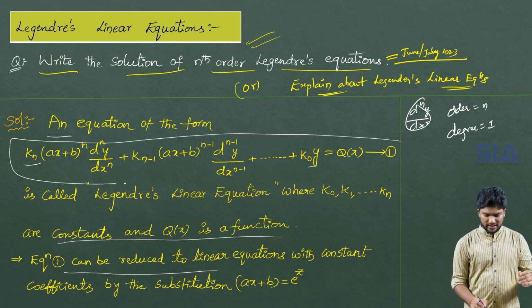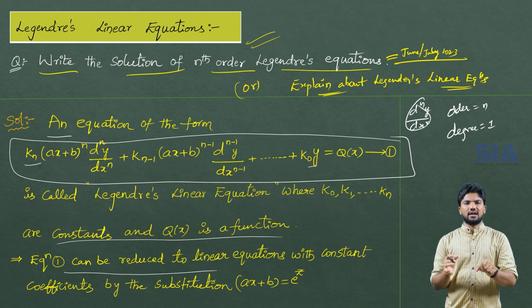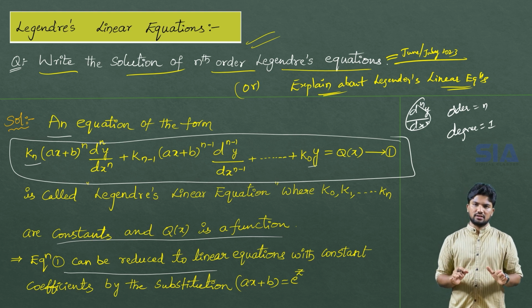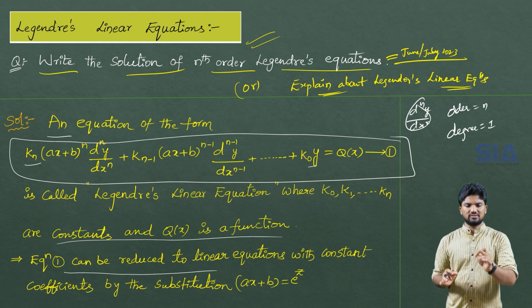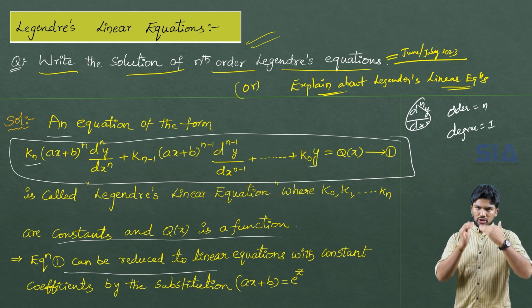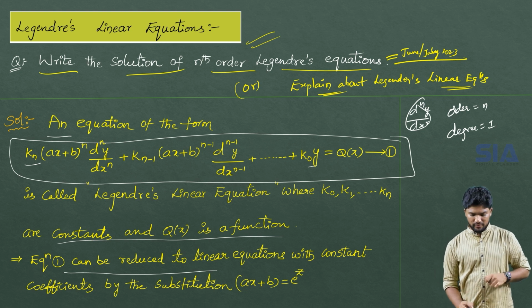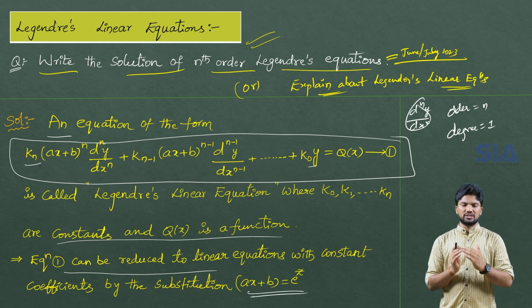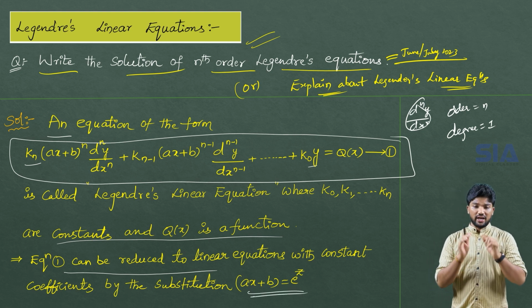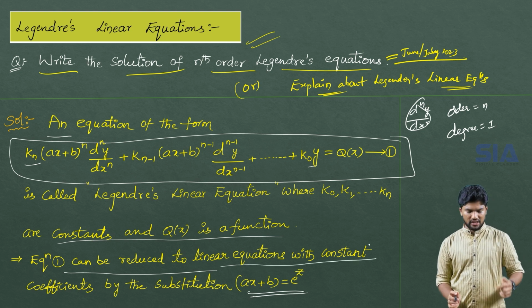Maximum they will give second order, Amma. They will not give the nth order Legendre's equation. They will give the second order Legendre equation. By substituting a suitable function in the given ax plus b format, we have to reduce the given equation into a linear equation with constant coefficients.